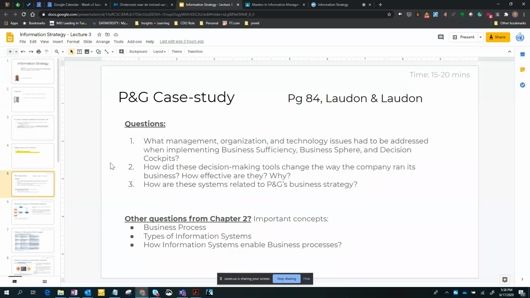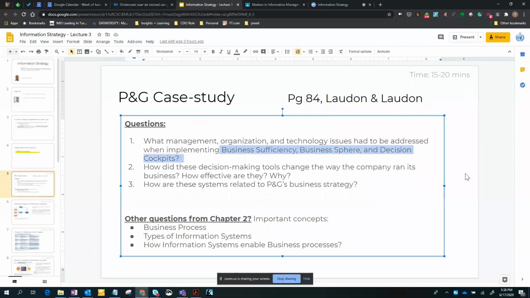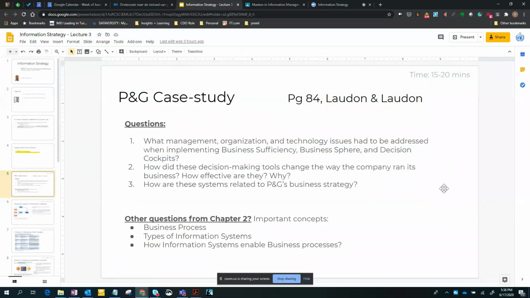So does anybody want to comment on what management, organizational and technology issues had to be addressed when implementing these different tools that were referenced in the case study?